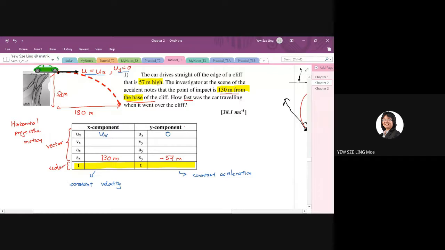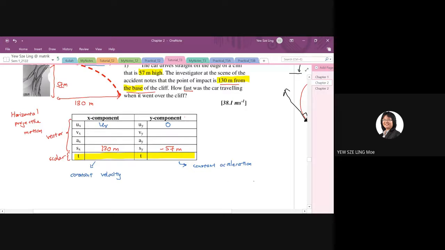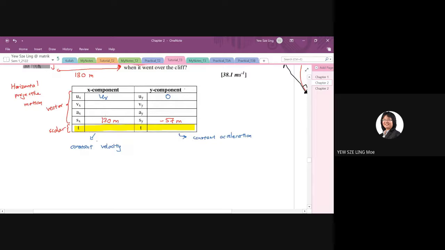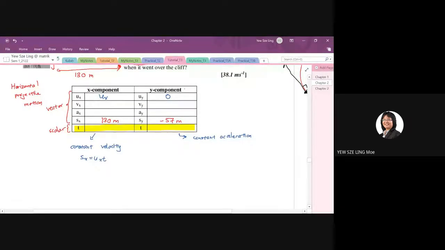For the x component, the object moves with constant velocity. Now, why is it important to know whether the object is moving with constant velocity or constant acceleration? If the object is moving with constant velocity, then the equation that we're going to use is just sx equals uxt. You don't have to use the four linear equations. The four linear equations are only for constant acceleration.